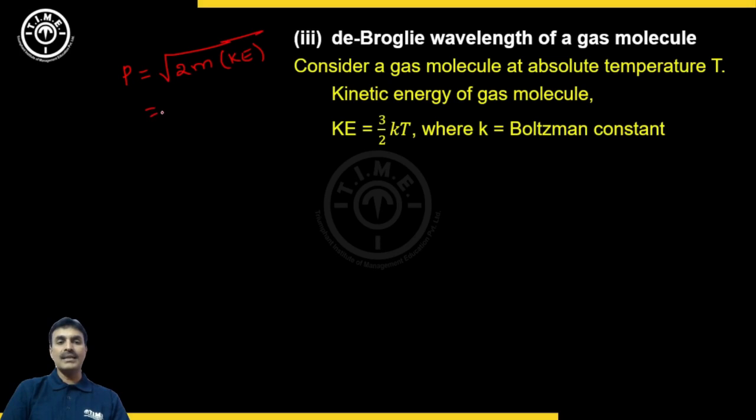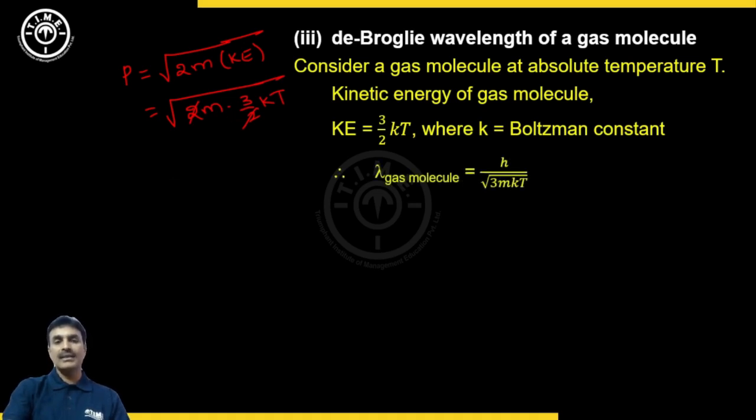Substitute the kinetic energy: it's root 2m times 3 by 2 kT. Now, 2 and 2 get cancelled. You are left with root 3mkT. That is the momentum. Once you know the momentum, you can find the de Broglie wavelength. So, lambda of a gas molecule is h by root 3mkT.